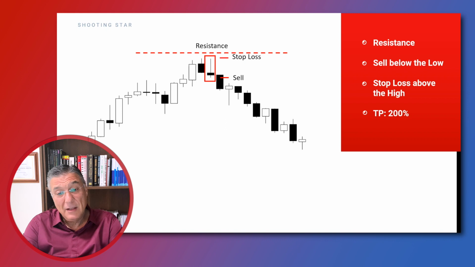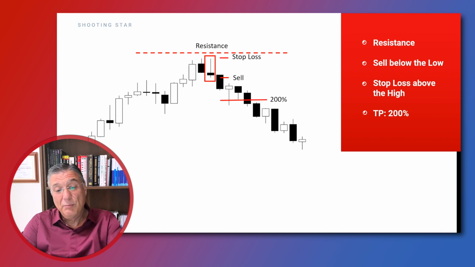Now, the potential take profit area is going to be calculated at the 200% area. This implies a 1-to-1 risk to reward ratio, meaning the distance between the sell and the stop loss is equal to the distance between the sell and the 200% area. Of course, feel free to change the percentage to suit your trading profile. Once again, this is a basic strategy.